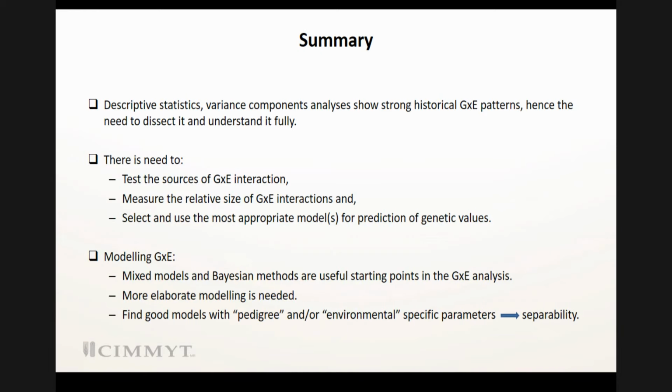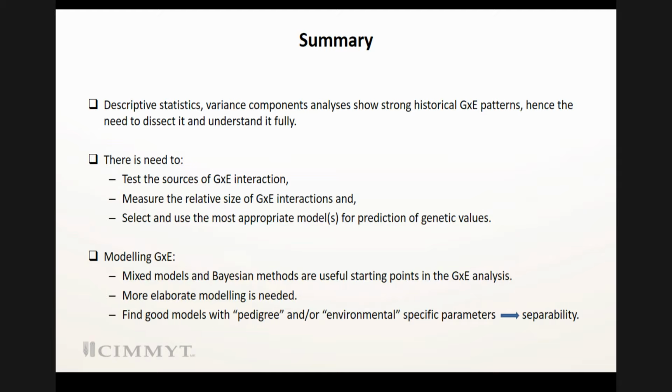Now, a summary of everything that I have been saying. The descriptive statistics and the variance components analysis show strong historical G by E patterns. There is need to dissect this G by E and understand it fully.